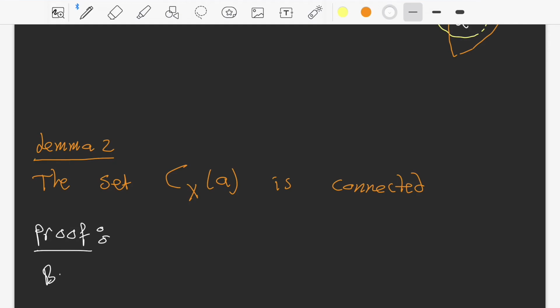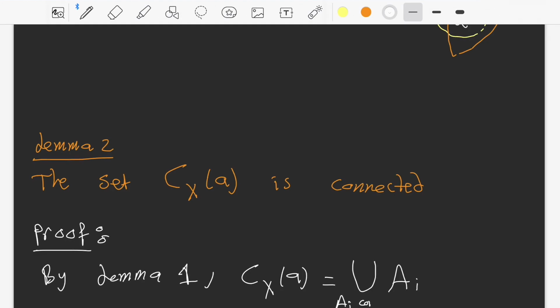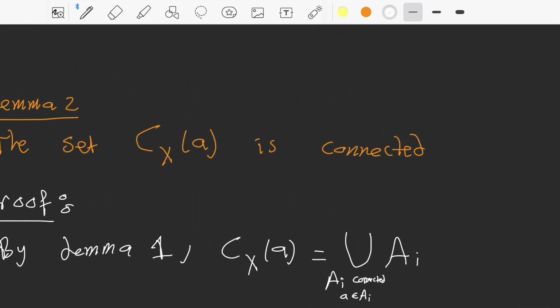By lemma number 1, the connected component of A is just the union of all A_i. Of course, what is A_i? A_i is a connected set containing A. So we take A_i connected, and A is in A_i. This union is connected, and here is the reason.